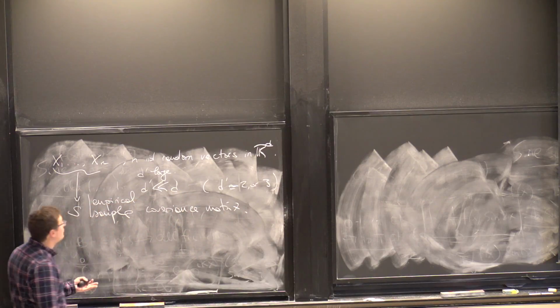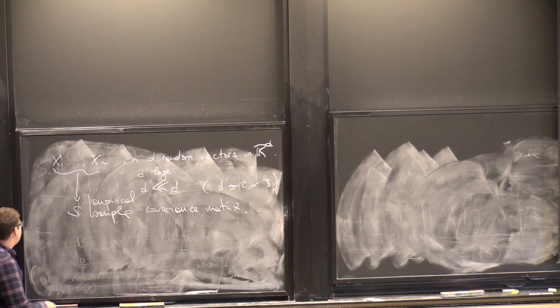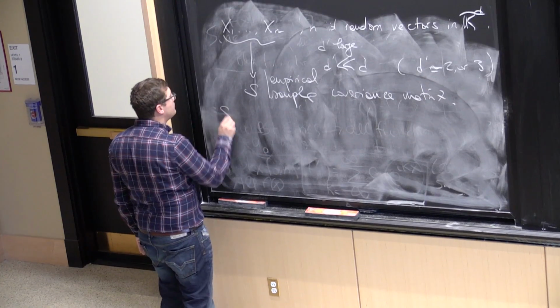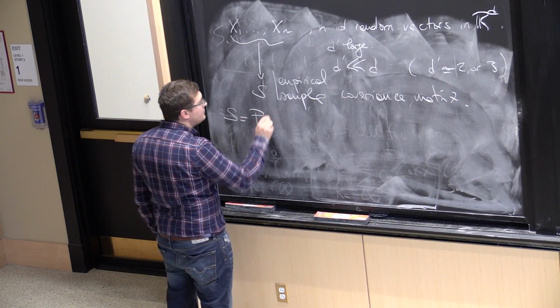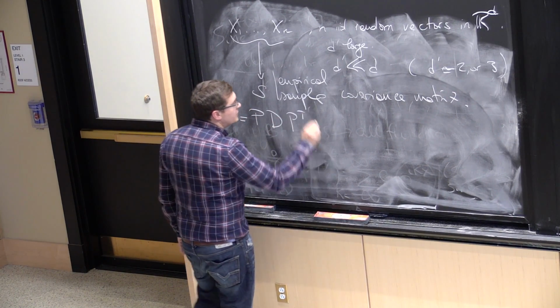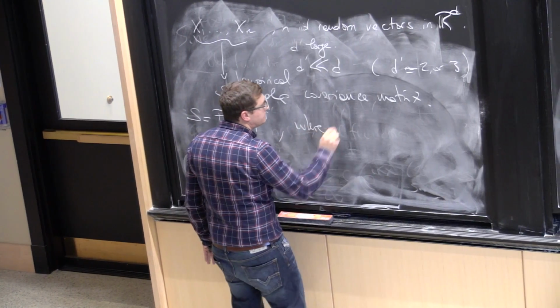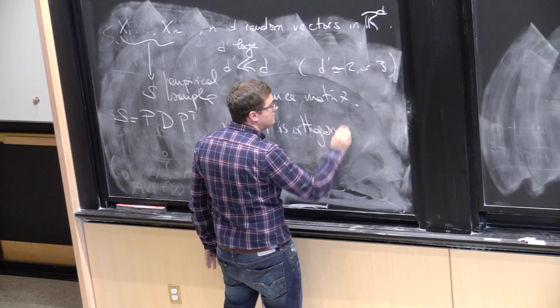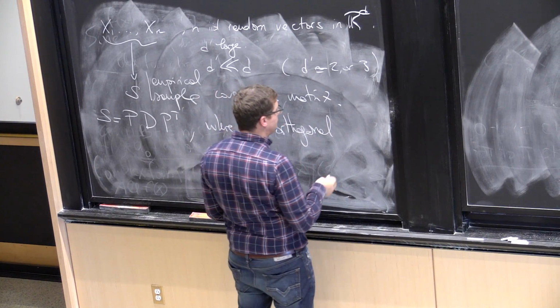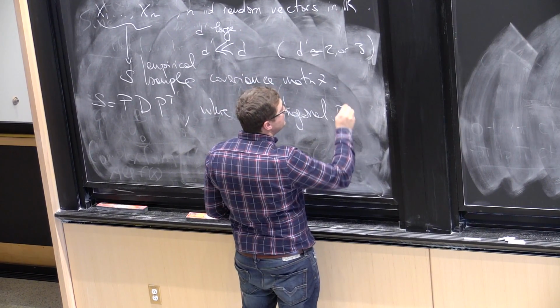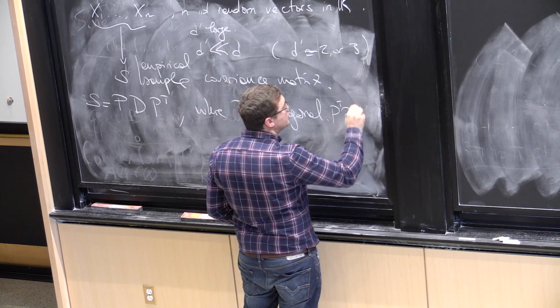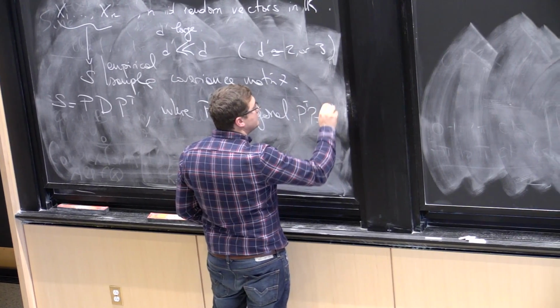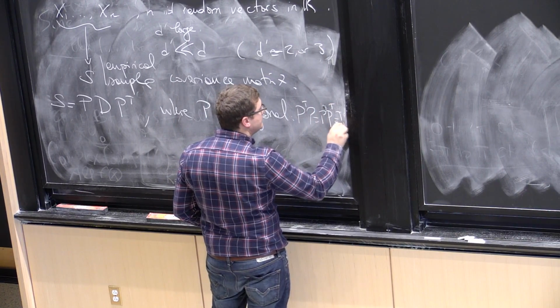And from a couple of slides ago, we know that S has an eigenvalue decomposition: S is equal to P D P transpose, where P is orthogonal. So that's where we use our linear algebra result. That means that P transpose P is equal to P P transpose, which is the identity.